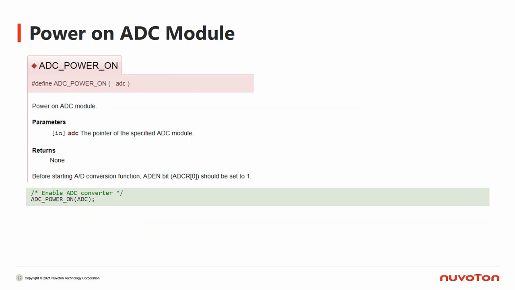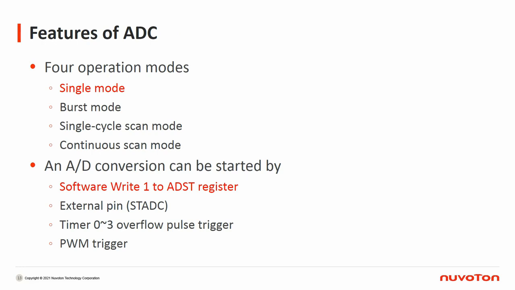After configuring ADC pin and channel, ADC module can be powered on by below function ADC power on. Furthermore, we also provide below features for our ADC. We have 4 ADC operation modes, which are single mode, burst mode, single cycle scan mode, and continuous scan mode.